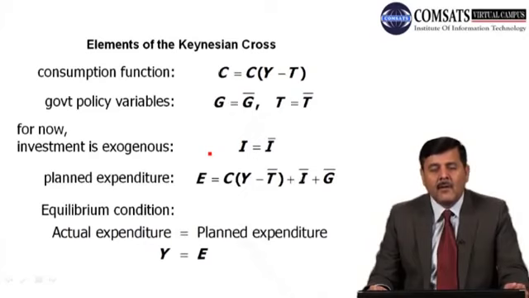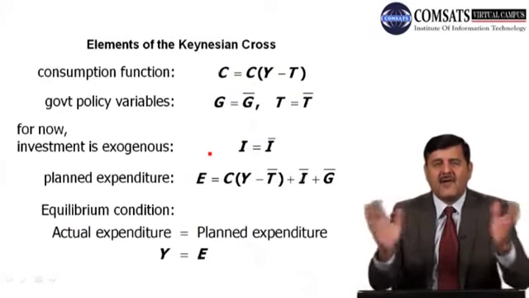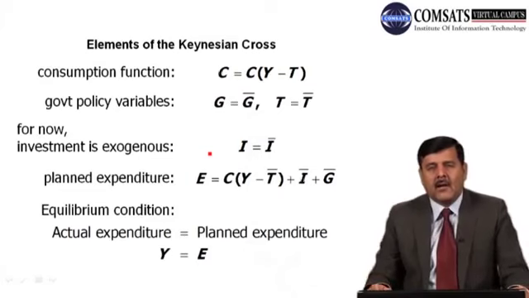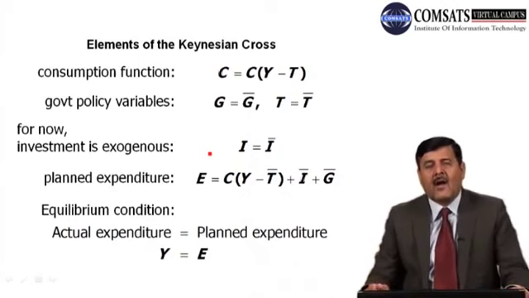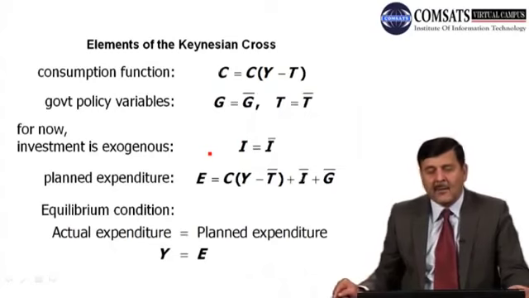At the equilibrium level, Y is equal to E, right? So this is the equilibrium level of the economy as far as the Keynesian cross is concerned. Any deviation, whenever Y is greater than E or Y is less than E, of course, will create unplanned inventory investment, and we'll see that in the coming diagram.